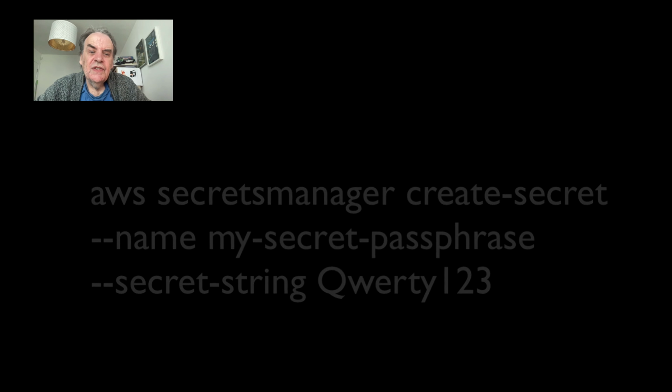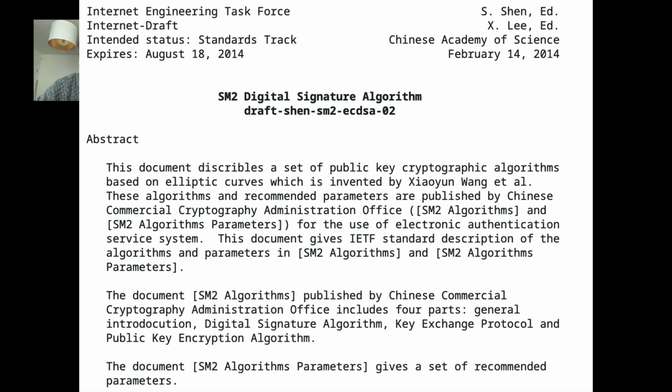In China regions, along with RSA and ECDSA, we can use SM2 KMS signing keys. Also in China regions, we can use SM2 PKE to encrypt data with asymmetric encryption.